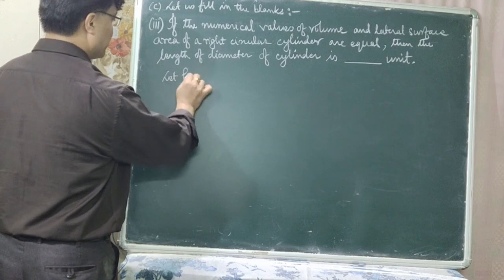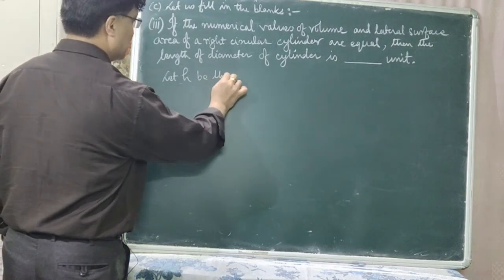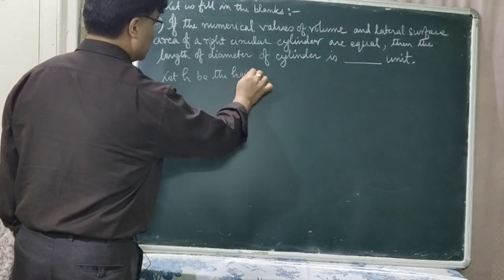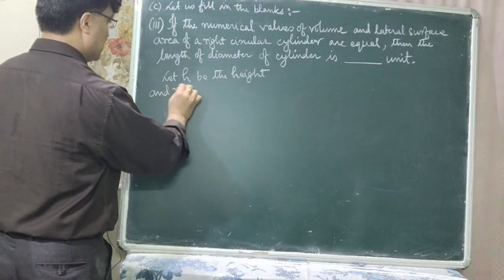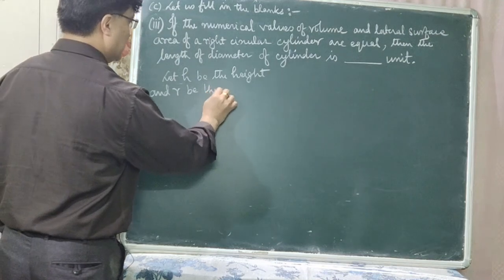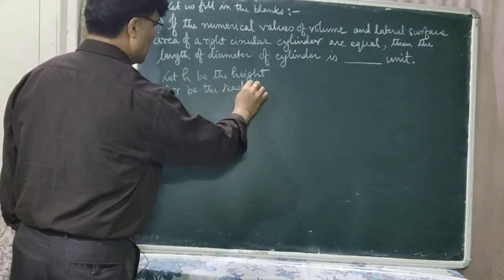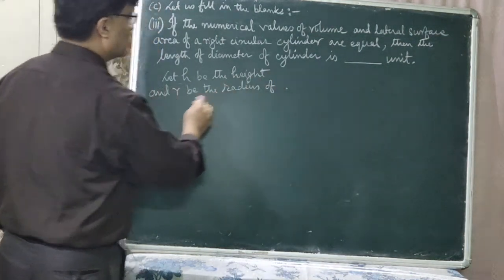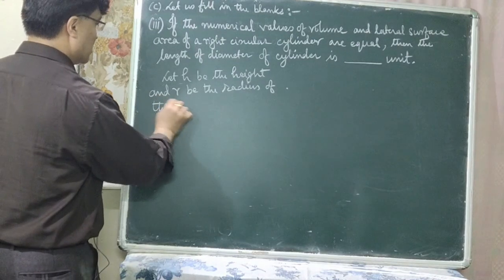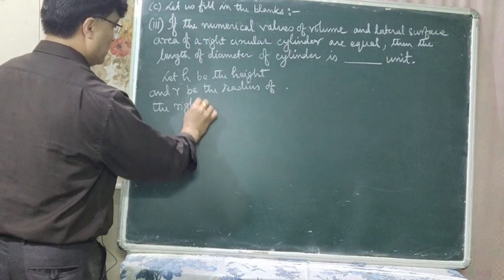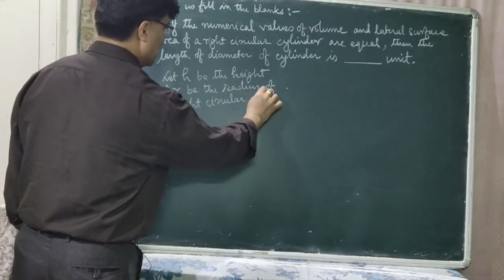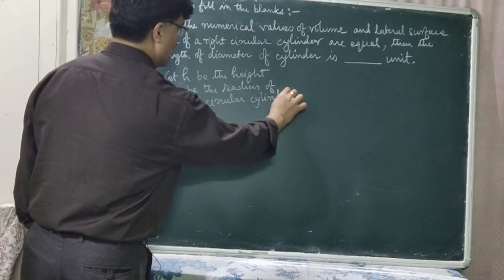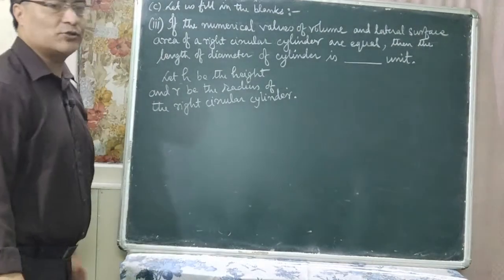Let H be the height and R be the radius of the right circular cylinder.